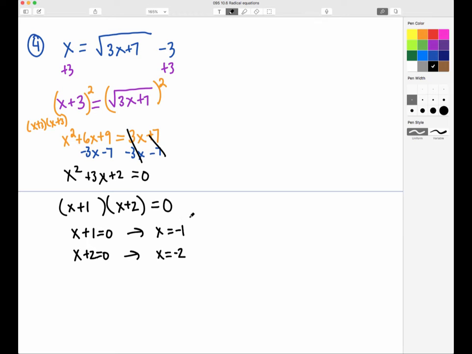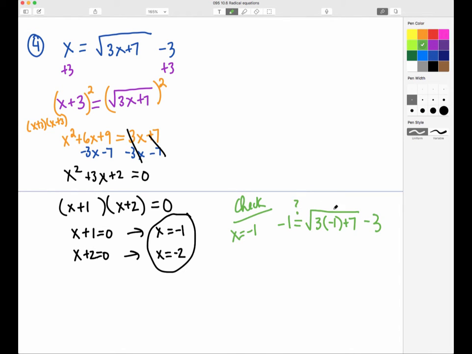All right, so these are our potential solutions, but like always, let's go through and check our answers. So if we start with x equals negative 1, we're saying negative 1 is equal to the square root of 3 times negative 1 plus 7 minus 3.